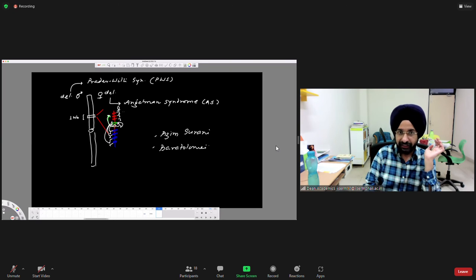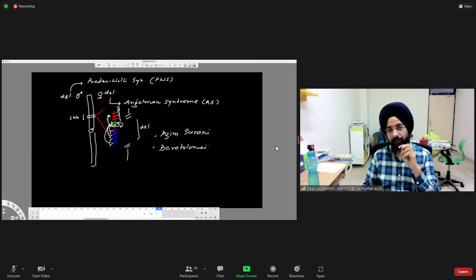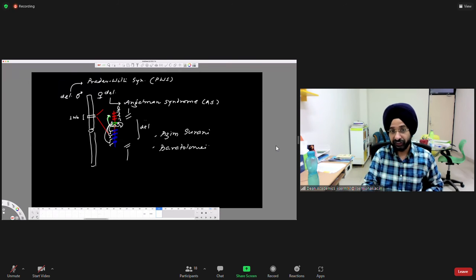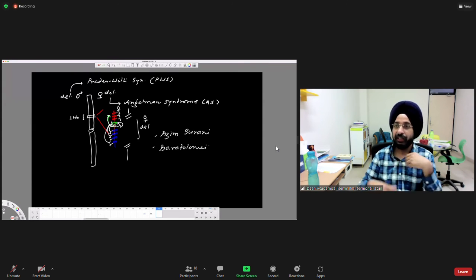So if you have a deletion of this region, and this deletion is maternal, then the function of only these red genes is gone. Paternal genes will take over now.